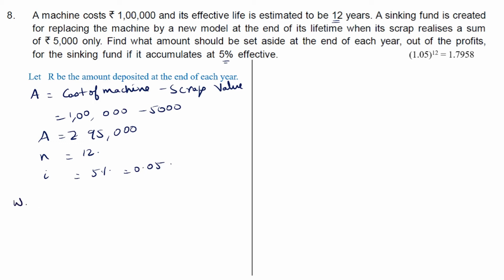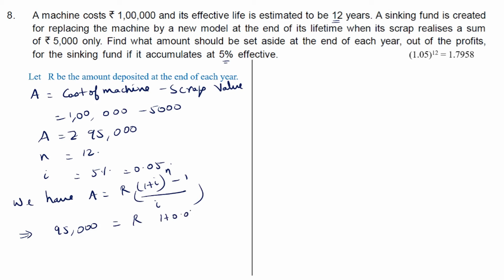So we have the formula A equal to R into (1 plus I) the whole raised to N minus 1, upon I. This implies 95,000 equal to R into (1 plus 0.05) the whole raised to 12 minus 1, upon 0.05.